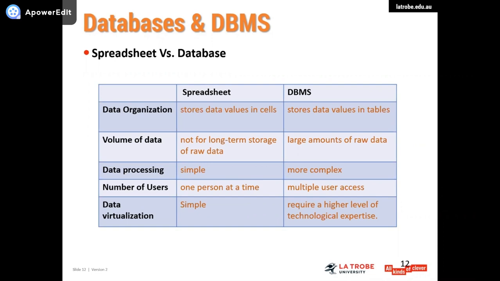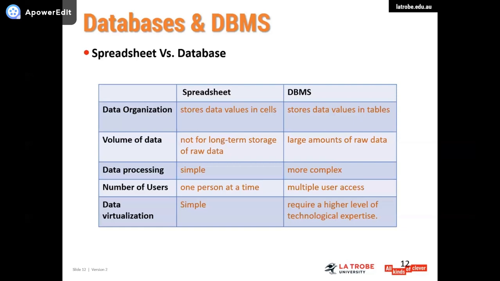But it's different for the database. Many users can change the information or data in the database at the same time. So it's easier for people to co-work together to deal with data. By using a database, I would say it's more suitable for a big project when you have a lot of data.